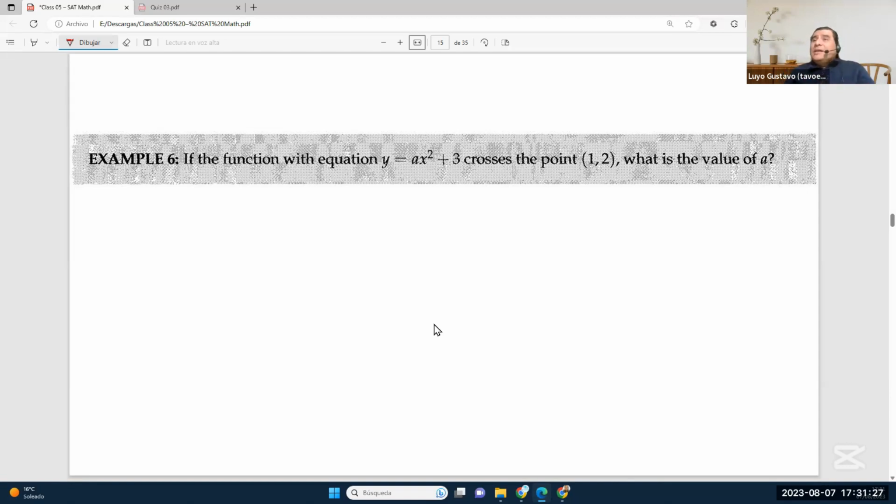It means that the coordinates of this point will make the equation of the function true. In other words, if it says that the function crosses the point, that means that this point belongs to the function. So if I substitute the coordinates precisely where x and y go, it produces a true equation. So let's do that. 2 where y goes. So 2 equals a times x squared, that is 1 squared, plus 3.